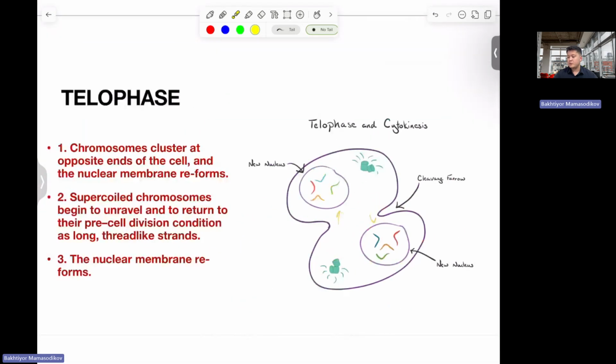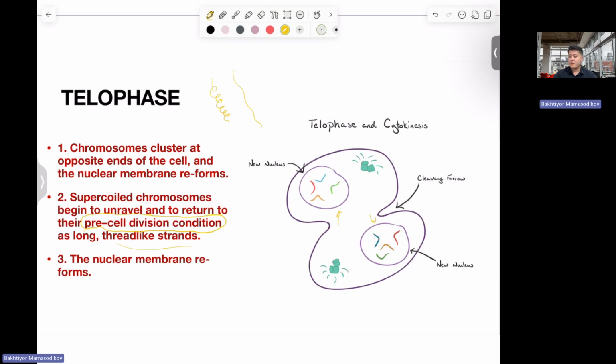Okay, and supercoiled chromosomes begin to unravel. Do you remember the chromosomes were coiled in the prophase? Now they're going to be unraveled, so they're not coiled now, okay? And they're going to return to their pre-cell division condition as long thread-like strands.